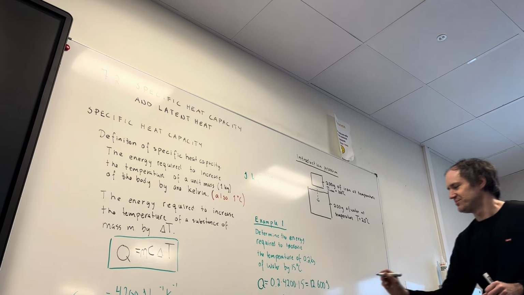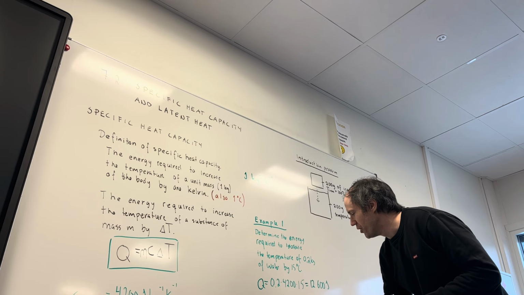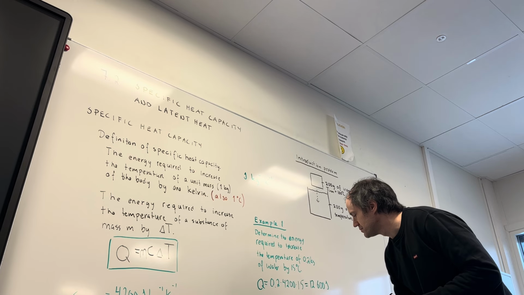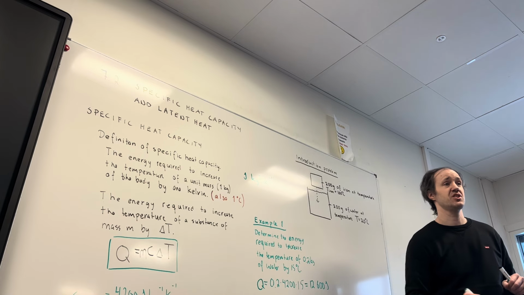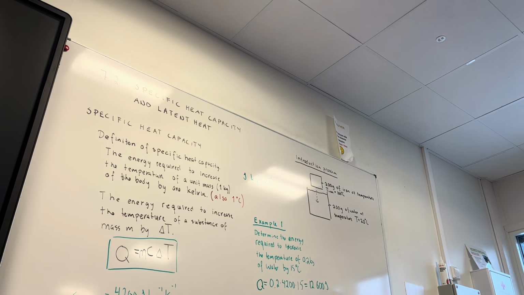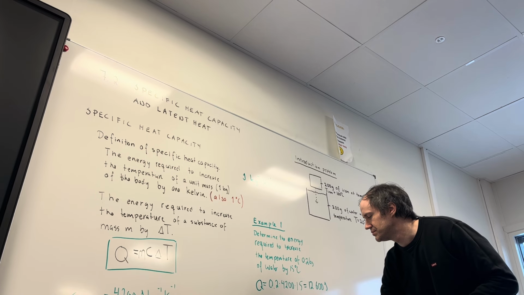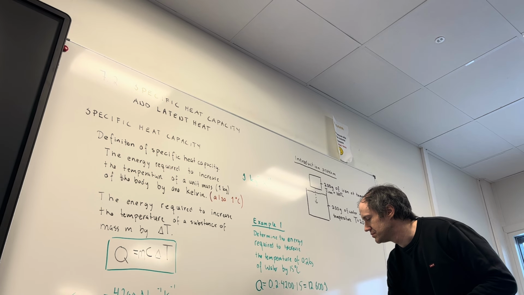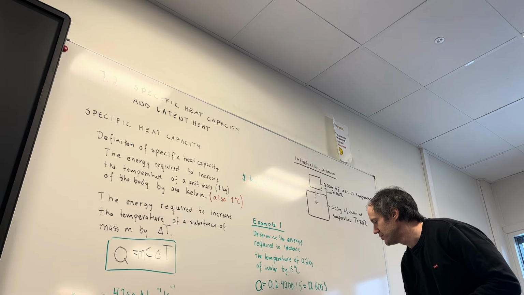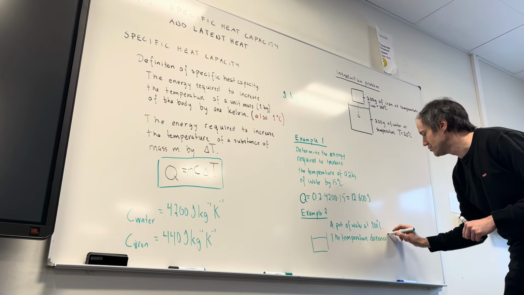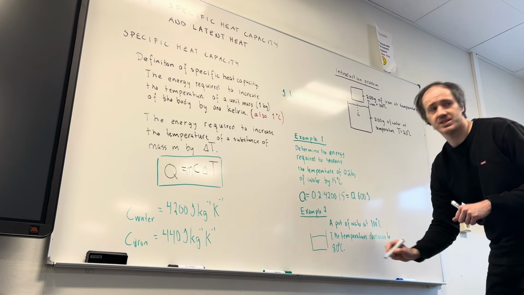A pot of water at 100 degrees Celsius. So now we've cooked a pot of water. The temperature decreases to 80 degrees Celsius.